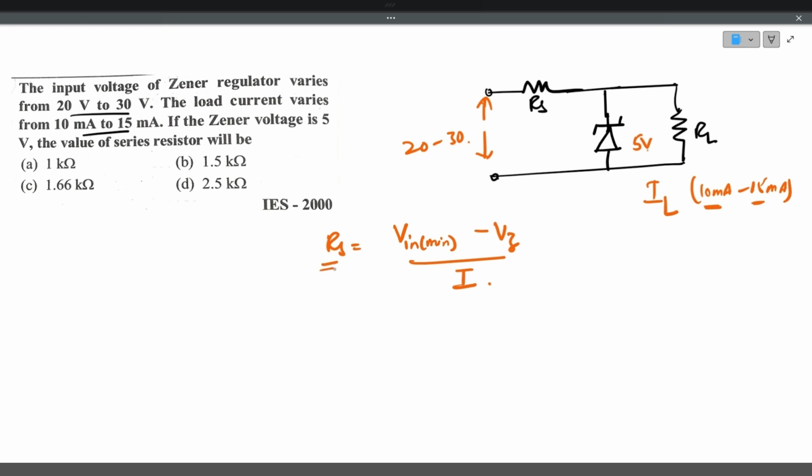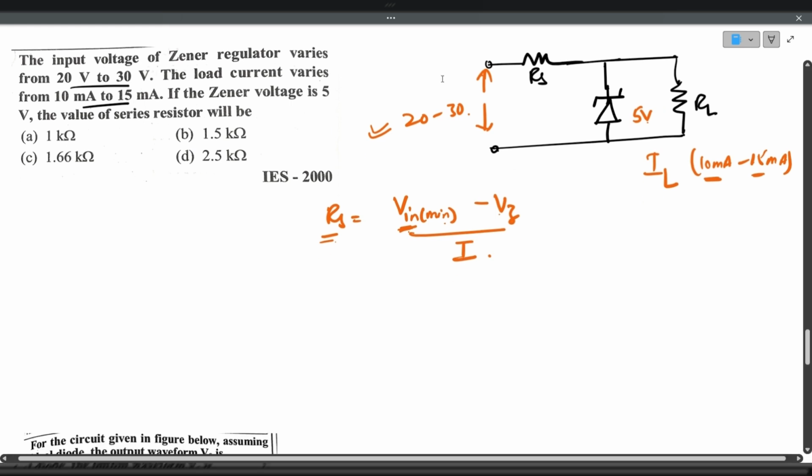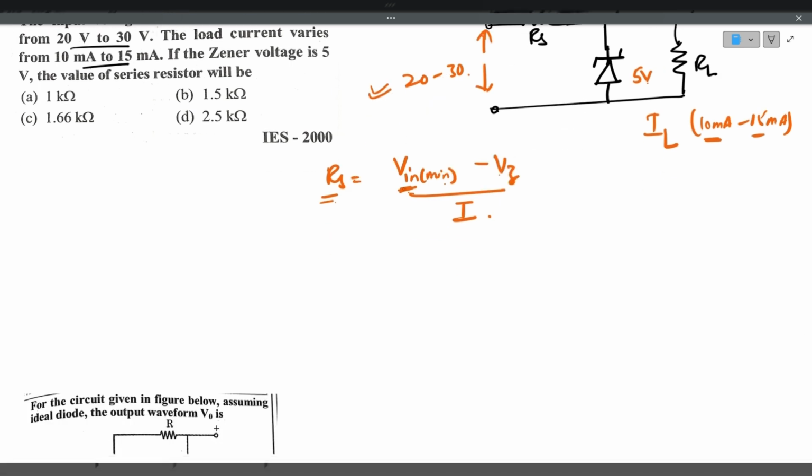Always, series resistance is calculated with V in minimum. If the input voltage is fixed, you have to consider that fixed value. If the input voltage is varying, you have to consider the V in minimum value. V in minimum minus Vz divided by Is. Now we know V in minimum, we know Vz.